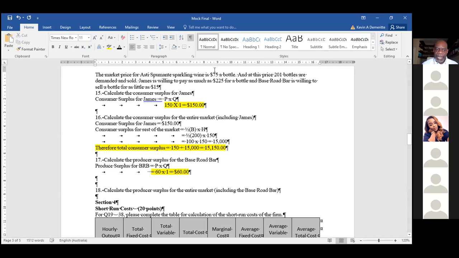So then, producer surplus for the rest of the market is equal to 1/2 base times height. Let's go back to our notes just to make sure.